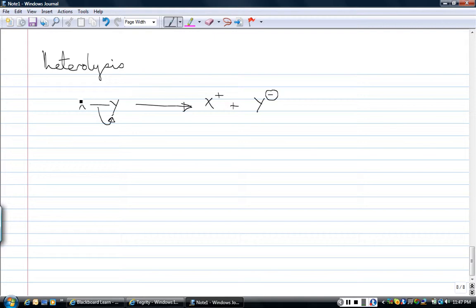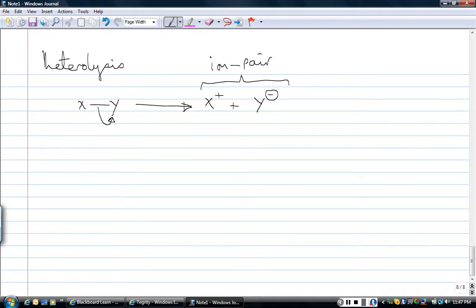So I don't need to know the details of the Lewis structure of X, nor do I need to know the identity of X and Y. I should be able to recognize that if I have these two neutral species and both electrons go into the atom on the right, then I'm going to get bond heterolysis, and I'm going to get a pair of ions. So these two species together are referred to as an ion pair.